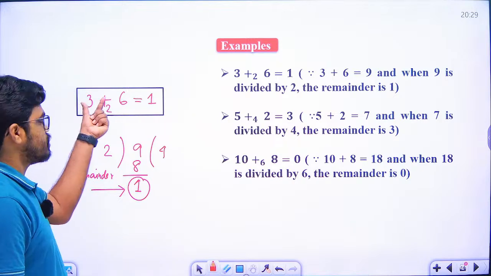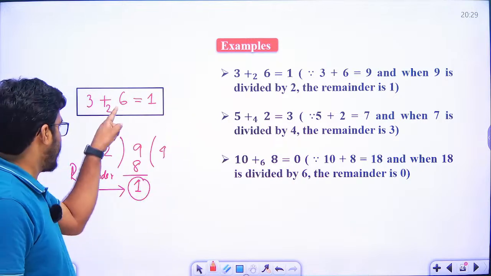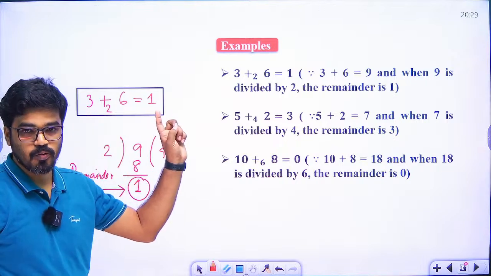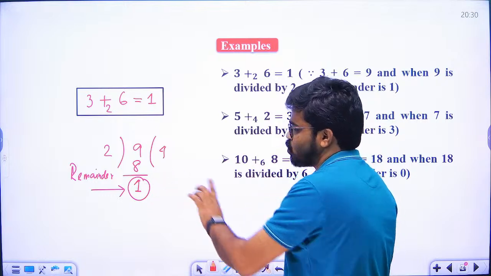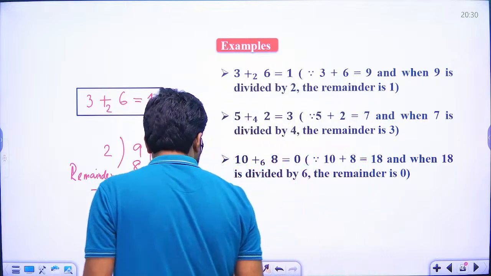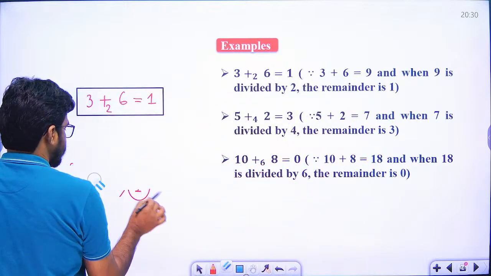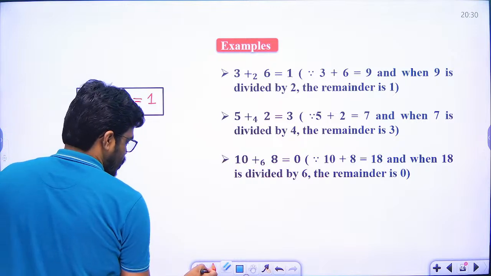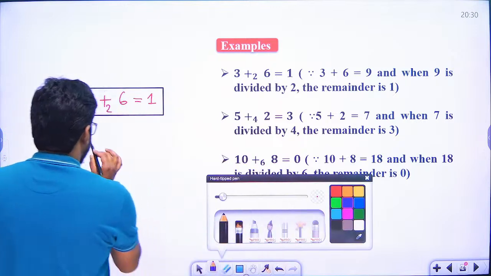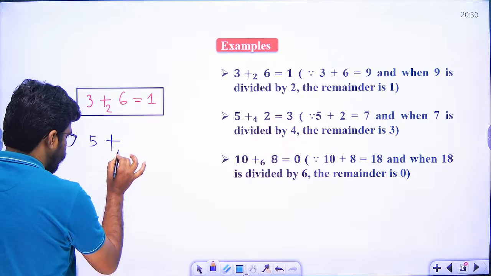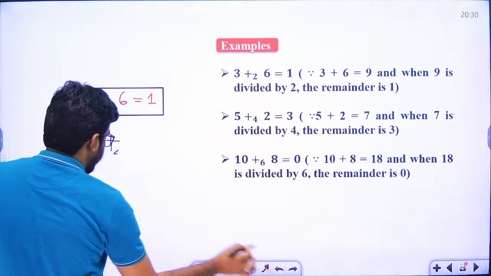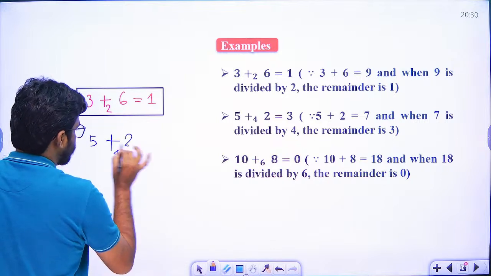So this will be 1. Why? 3 plus 6 is 9, and we divide 9 by 2, and the remainder is 1. Let us consider another example. Suppose 5 plus modulo 4 of 2.